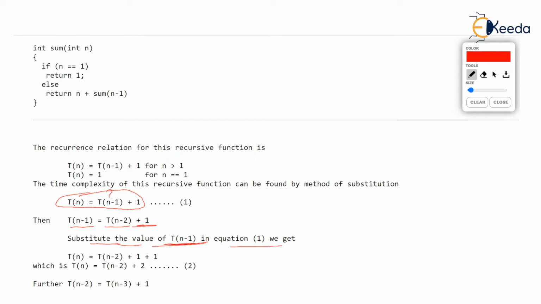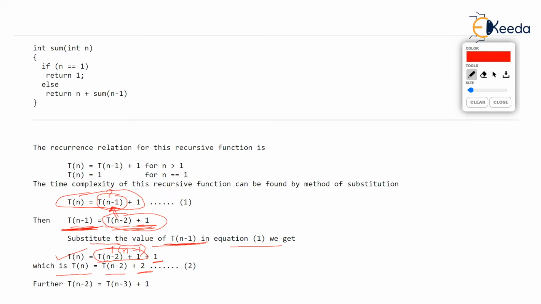Watch this: the right hand side, Tn minus 2 plus 1, is replaced here. So we get Tn is equal to Tn minus 2 plus 1 plus 1. Observe this again, which I am encircling. This is Tn minus 1, isn't it? So we have simply put the value and plus 1 remains from our equation 1. Hence, Tn becomes Tn minus 2 plus 2, isn't it?